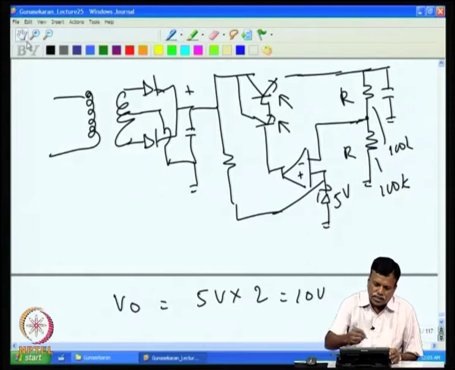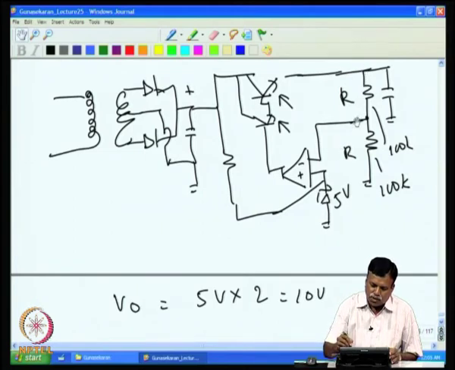If we take this circuit, you have a 5 volt here and any change at the output is compared at this point with respect to 5 volt. If the voltage goes above 5, then automatically this voltage comes down and the output also comes down.